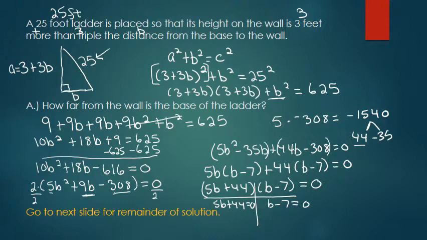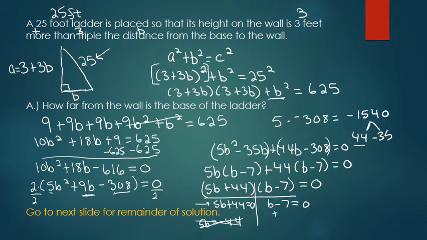Now, in order to solve this one, I need to subtract 44 from both sides, so I get 5b equals negative 44. As soon as I get a negative on the right-hand side, I know that can't be the answer because I cannot have a negative dimension. So in this case, this answer does not work.